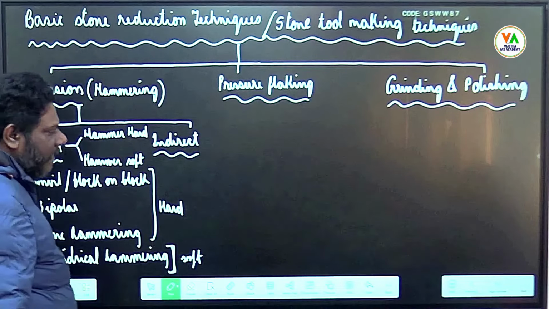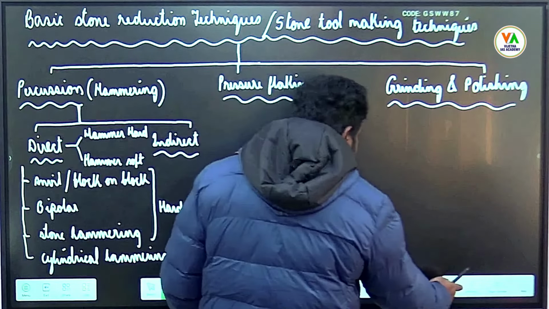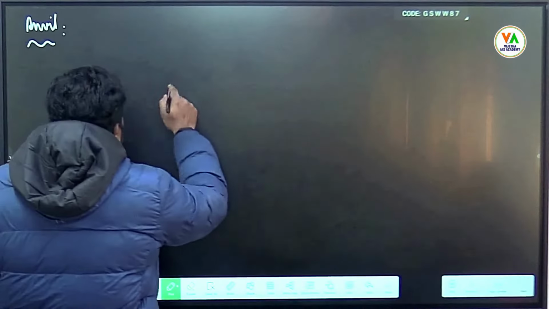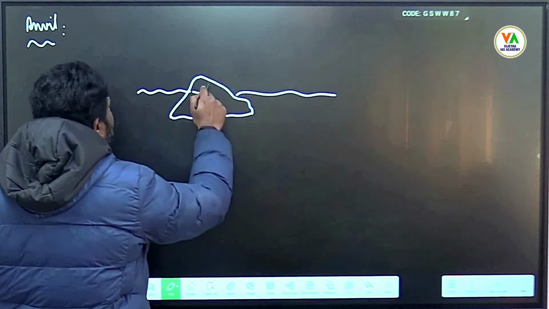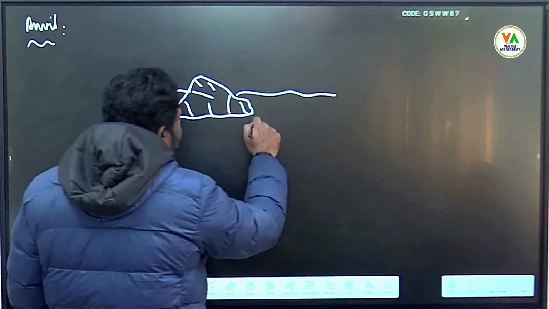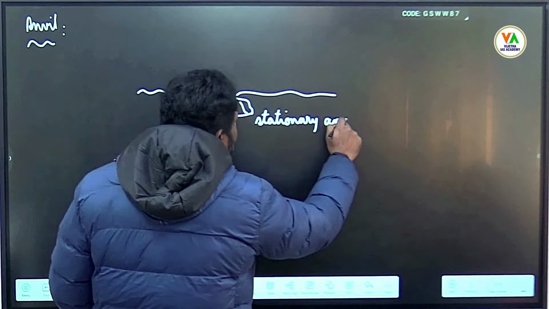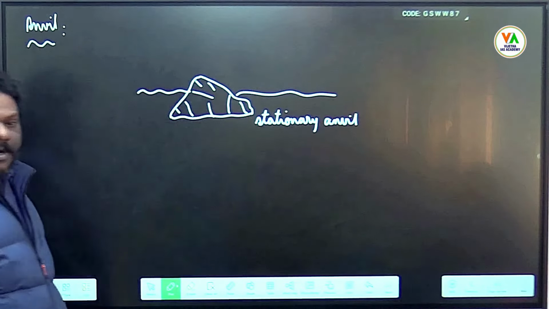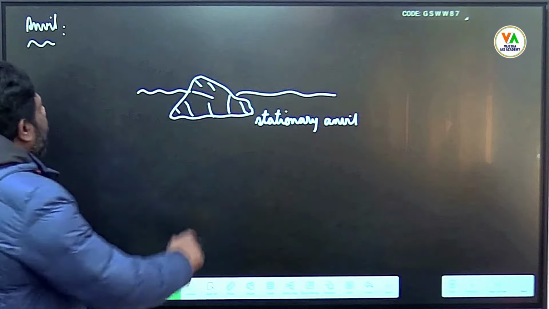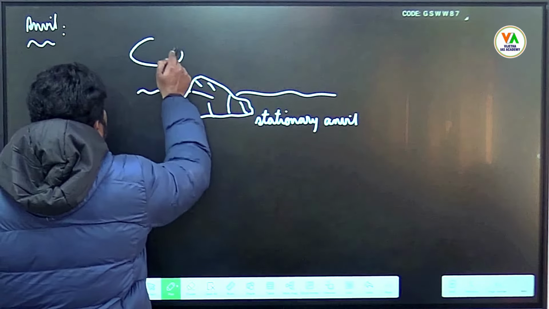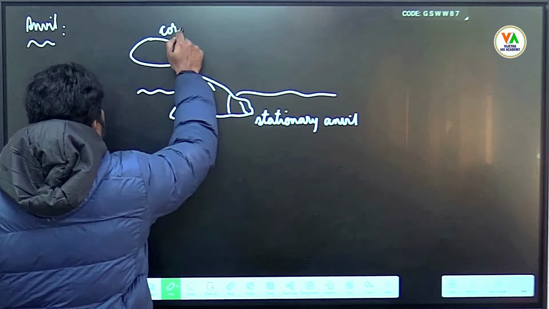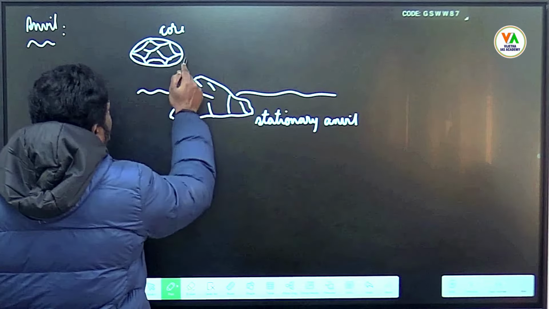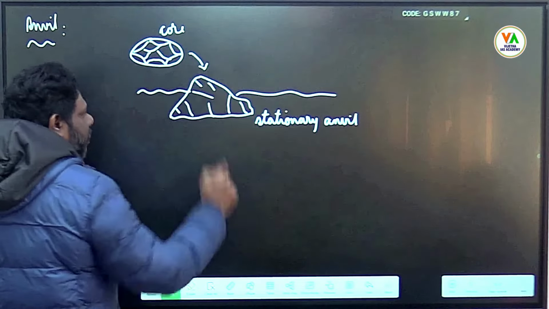So, in anvil or block on block technique, this is a stationary anvil. So, you can find stones embedded in the ground. You are taking a core and directly hitting the core on this hard surface.